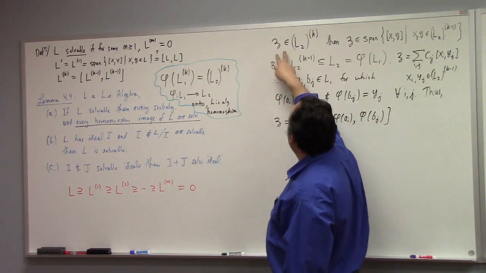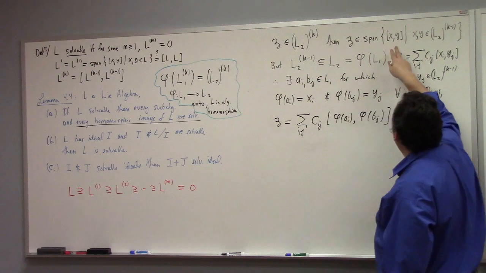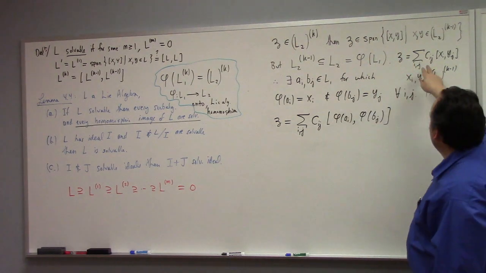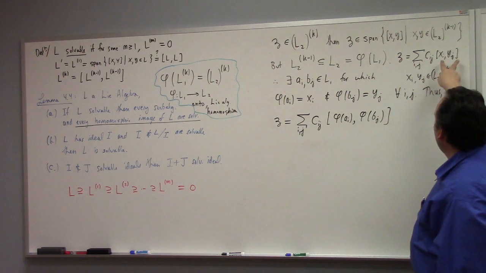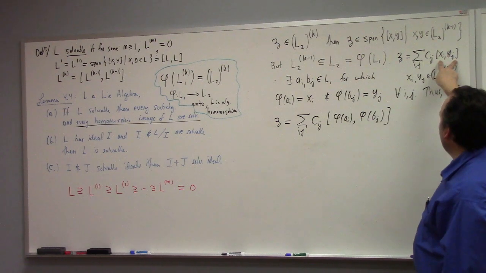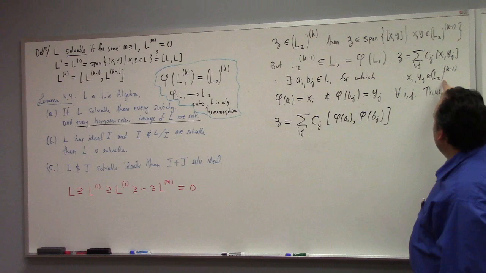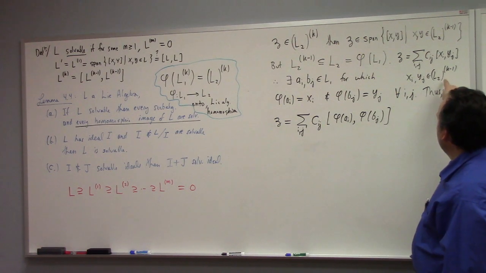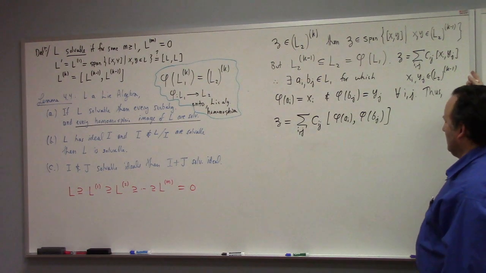Anyway, so if z is in here, that means z is in the span of these guys, which means it can be written as a linear combination of commutators of x_i and y_j, where x_i and y_j are from the (k minus 1)th derived series of L2.